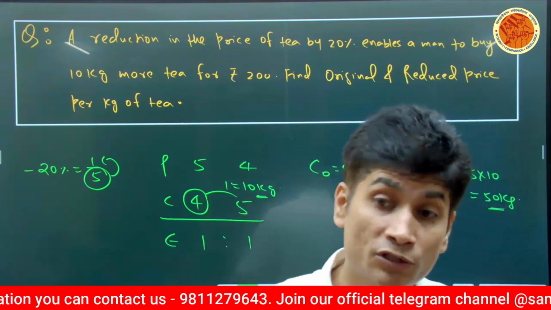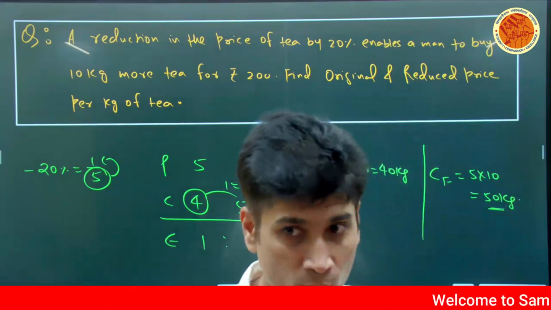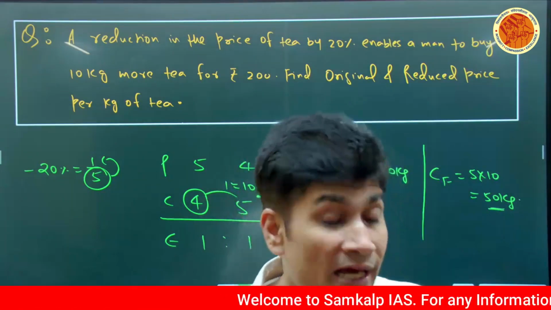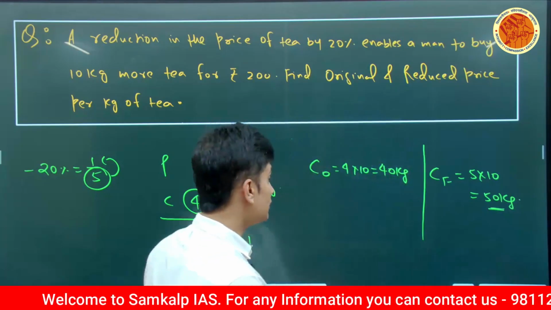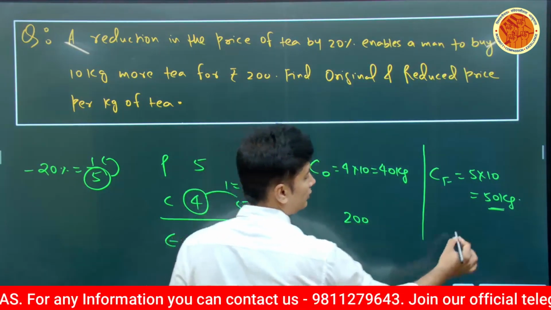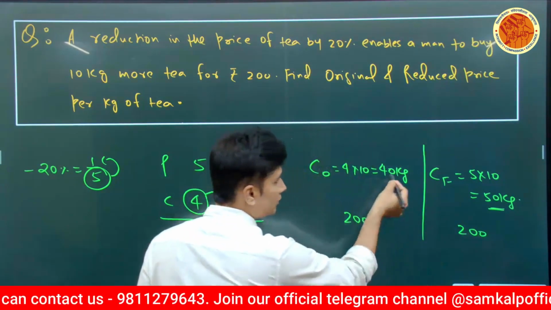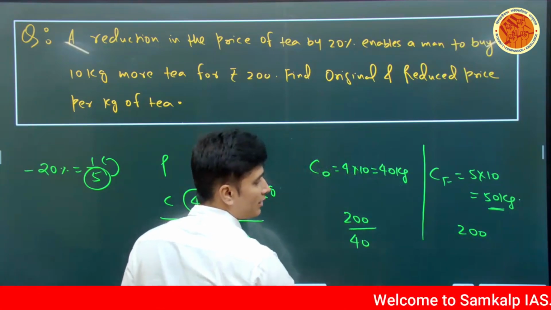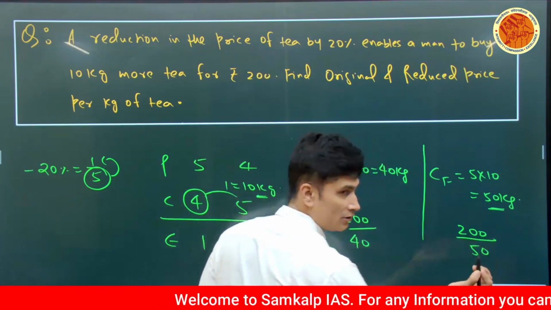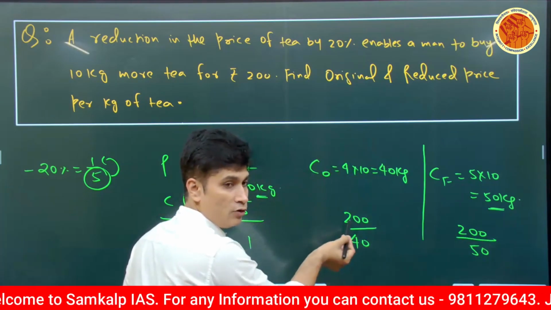What is the expenditure in both situations? In both conditions, expenditure is 200 rupees. Here you buy 40 kilogram, here you buy 50 kilogram. So 200 is the total amount you are paying.